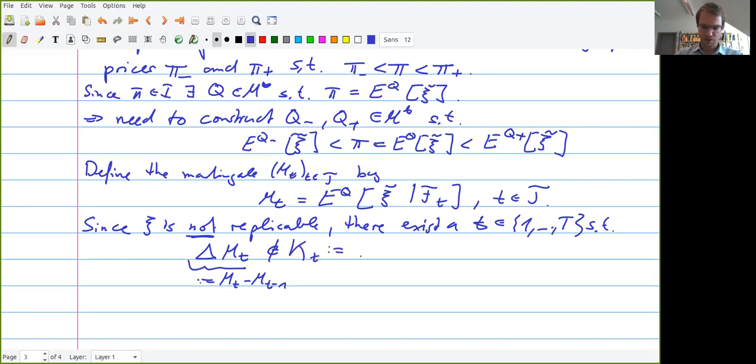which is the set of where we take a position in the market, and we consider here the discounted price process. So this is our position in the risky assets. So it's an R^d-valued and F_{t-1}-measurable random variable.